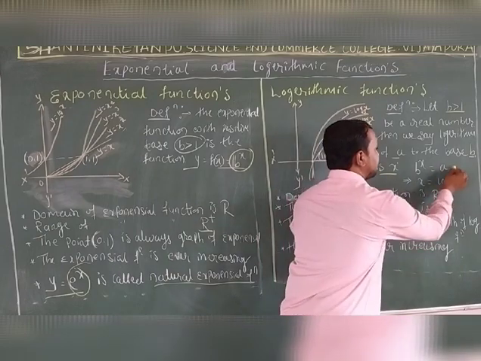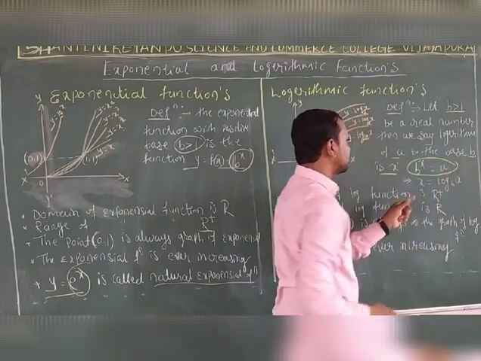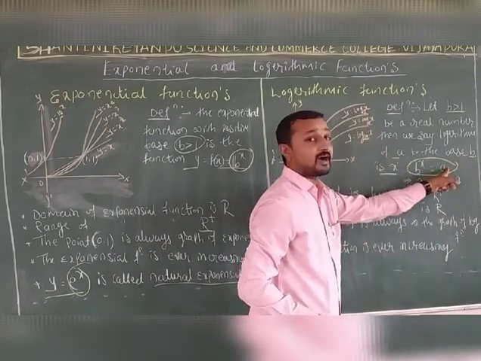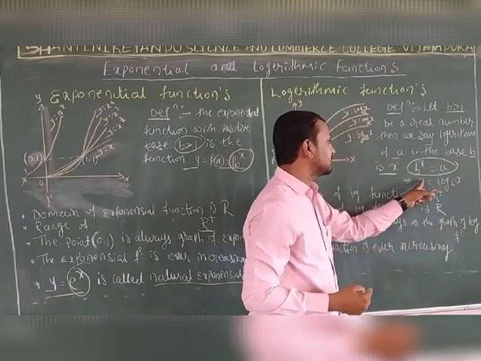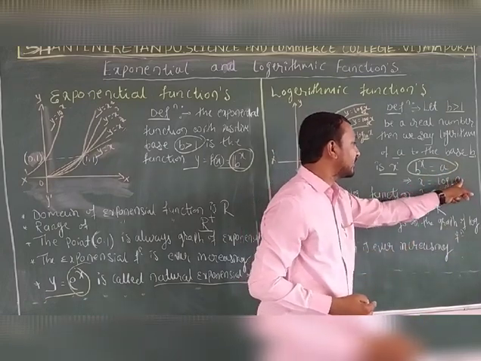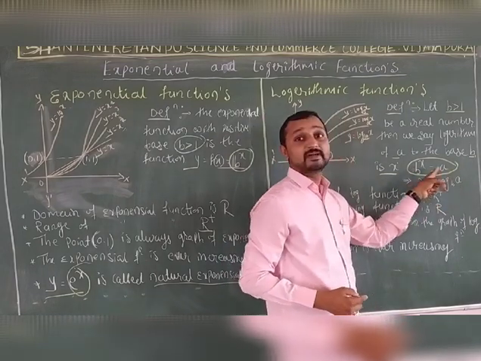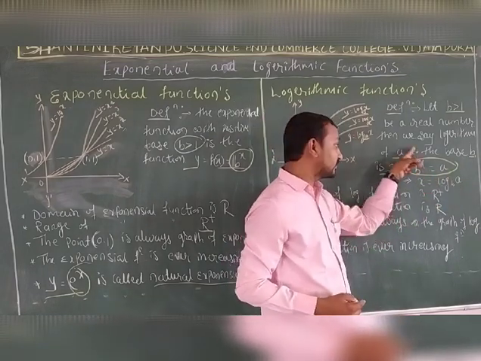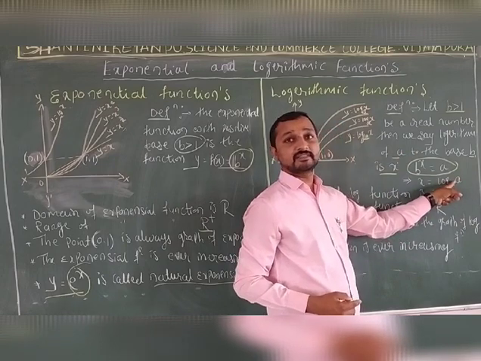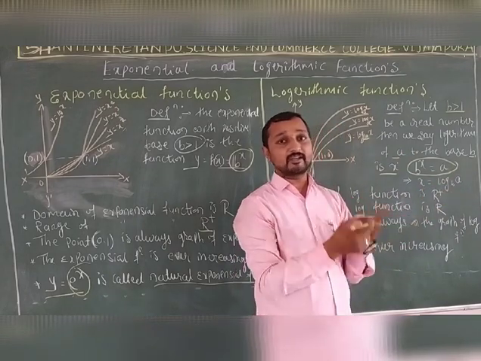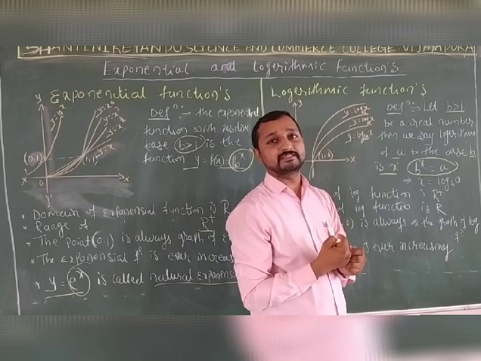That is, b raised to x is equal to a, or else you can write x is equal to log of a to the base b. So this base shifted to the right hand side, the exponential function becomes a logarithmic function. That's why exponential function and logarithmic functions are inverse to each other.